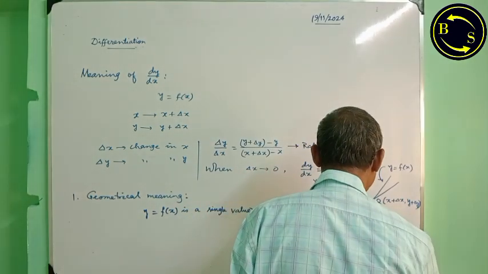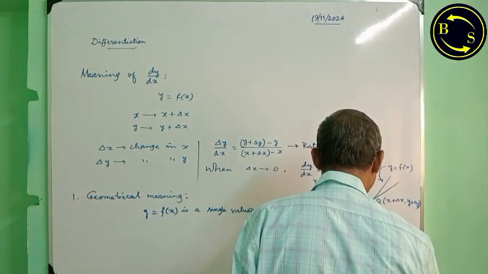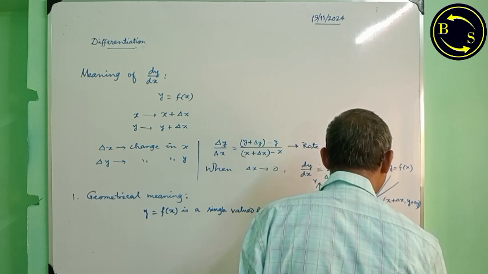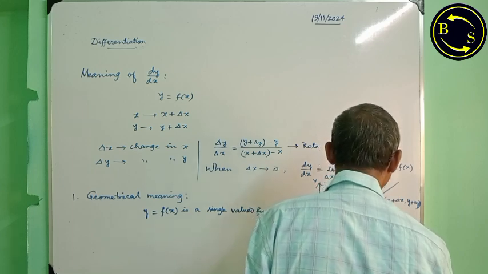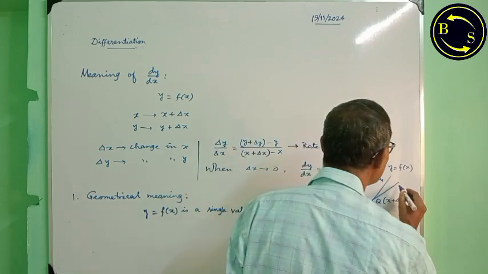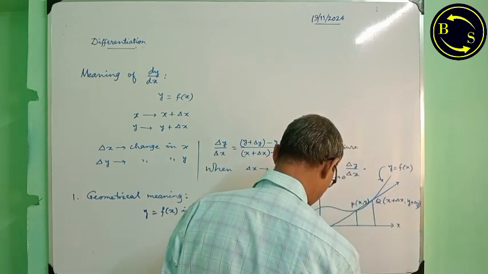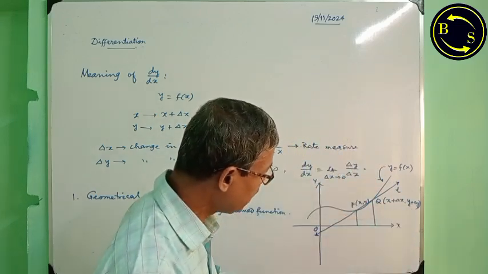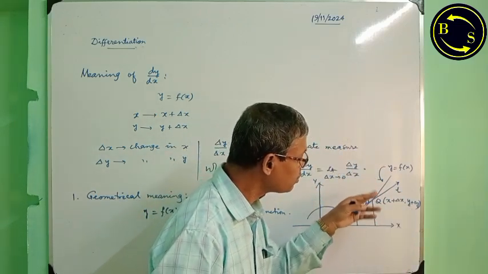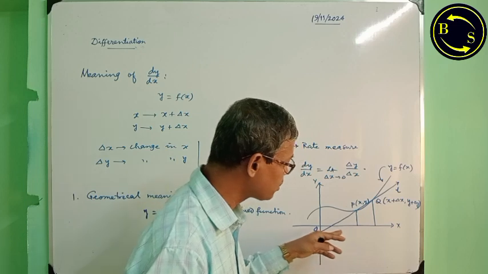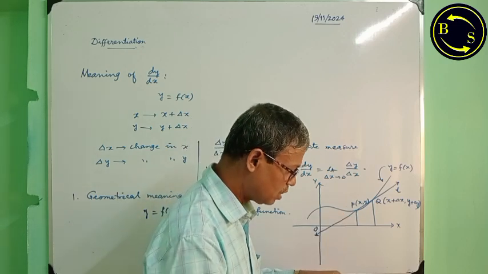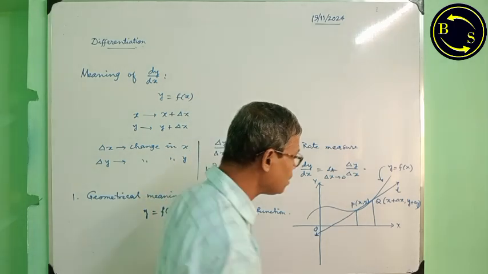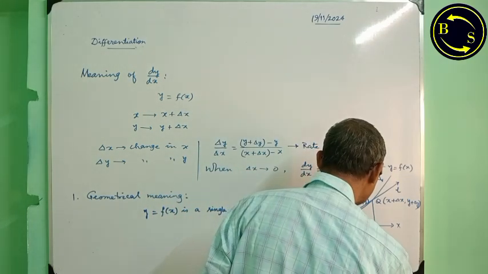Now the straight line L cuts the curve at P and Q, which are points on the curve lying near to each other.